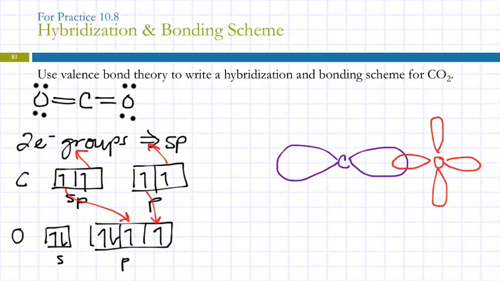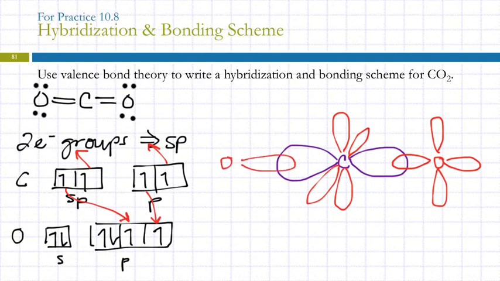The carbon also has p orbitals. So 1 up here, and where does the other one go? In and out, right? So hamburgers, right? French fries, milkshakes. Sorry. And so we've got another oxygen over here, p orbital.